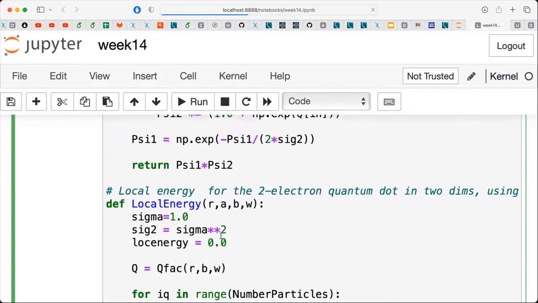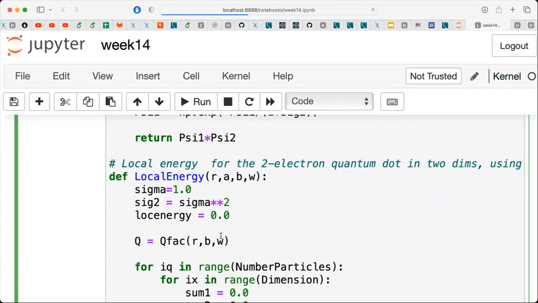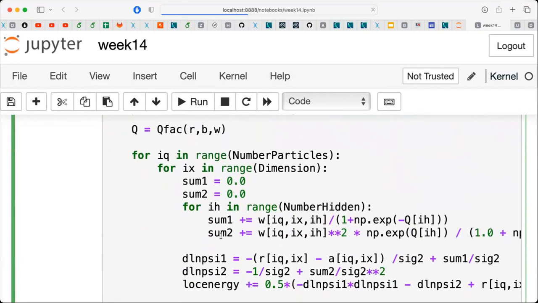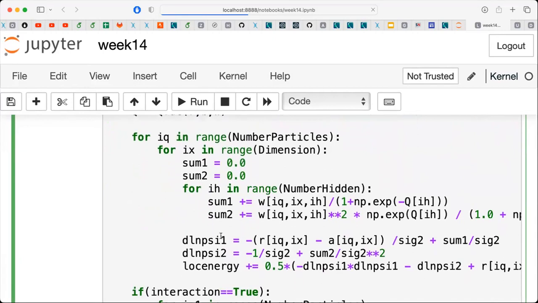And then in the local energy, what we need to do is simply to implement these different expressions which you see in the slides here. With those expressions, we also sum over the dimensionality of the system and the number of hidden layers, which we also need to set up.